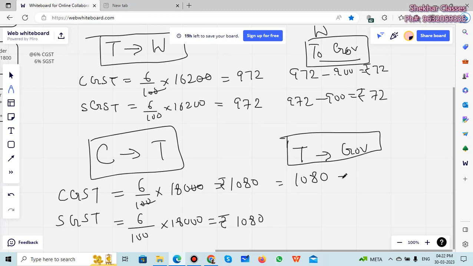And how much has he paid already earlier to the wholesaler? 972. So whatever is the balance, that he has to pay to the government account. So 1080 minus 972 is 108 rupees. So rupees 108 he will deposit to the government account here.